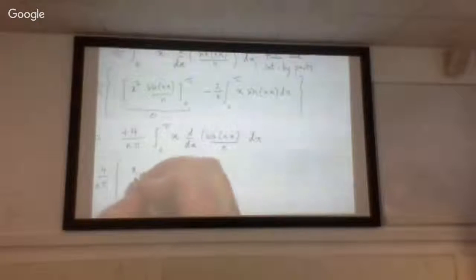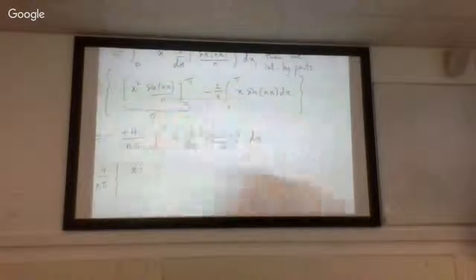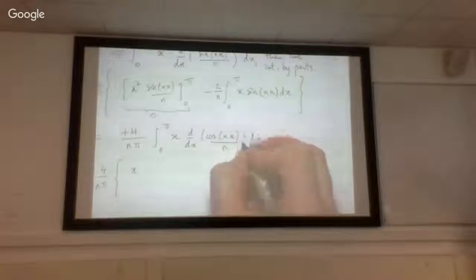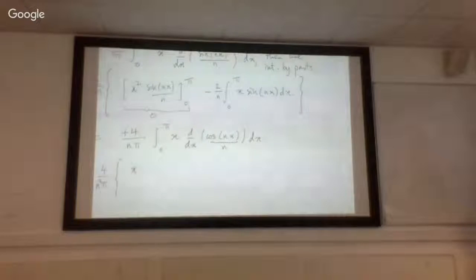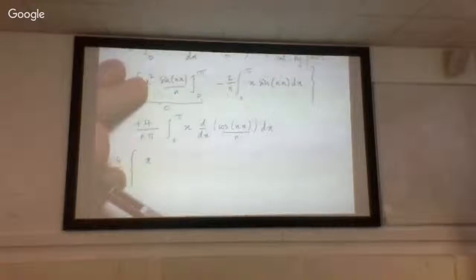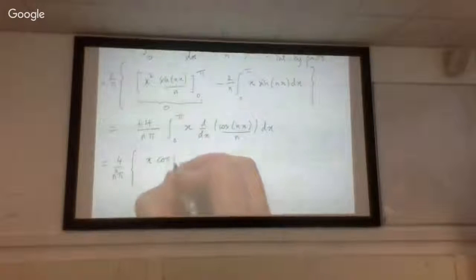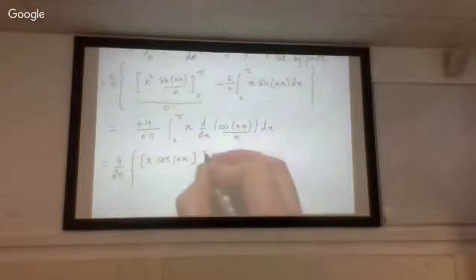We've got x. Actually, while I'm moving constants around, this 1 over n here, I might as well pull that out as well. Make it n squared at the front. Just factorize it at this stage. So I've got x times the cosine of nx, evaluated at 0 and pi.